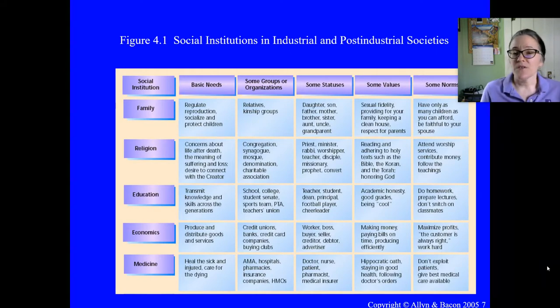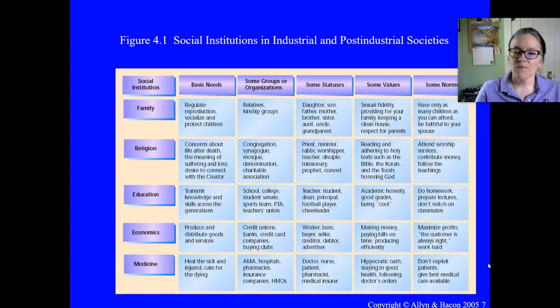Just so you can see the social institutions of industrial and post-industrial society and some of their needs, statuses, values, and norms. And you see that education is one of them. The family, like I said, is the first one. Medicine, or the system of medicine, or our healthcare system, economic system, religion.